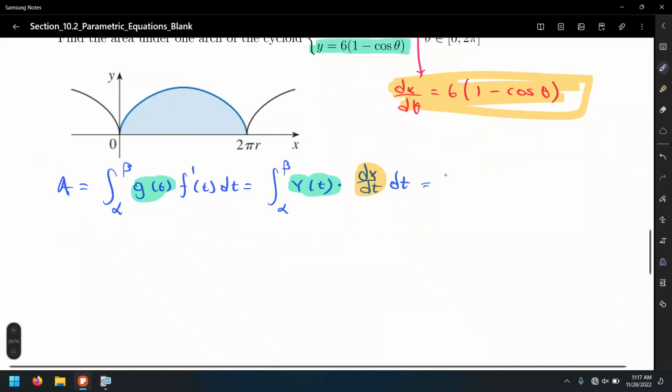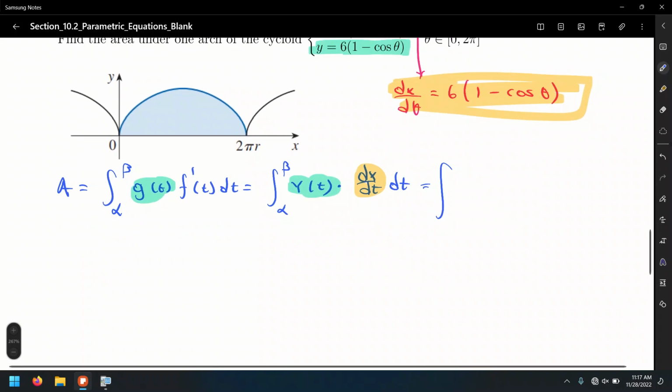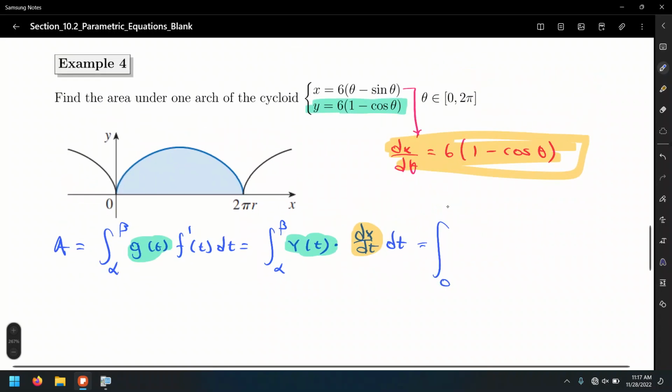So that's going to be the integral from alpha to beta, that's from 0 to 2 pi, which is just a quick comment about this type of exercises. These ones are going to be very straightforward. You will be given just a set of parametric equations and the limits of integration. There's really nothing weird about it.